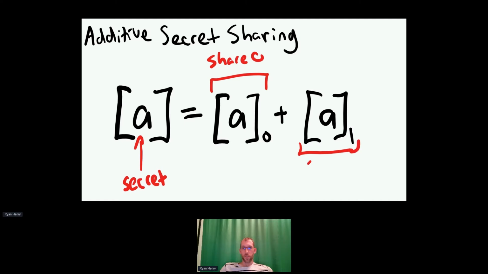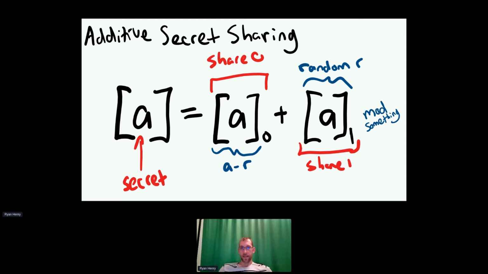So we call the first one share 0 and the second one share 1. One of these we choose completely at random, so it means nothing, and then the other one we compute to satisfy the expression here. When we add them together, it will give us A, and of course this is all happening in some ring or finite field or mod something, so that we get perfect hiding when we do this.